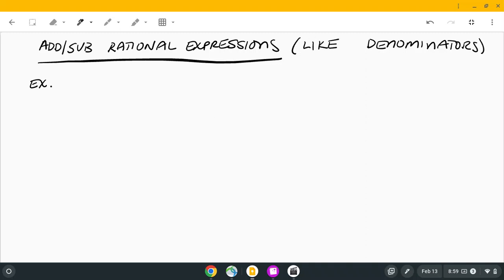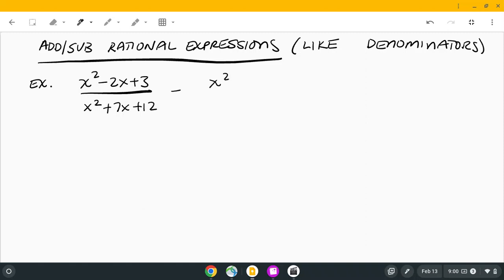Like denominators. Okay, so for example, if you have something like this, suppose you have x squared minus 2x plus 3 over x squared plus 7x plus 12. And we are subtracting, okay?